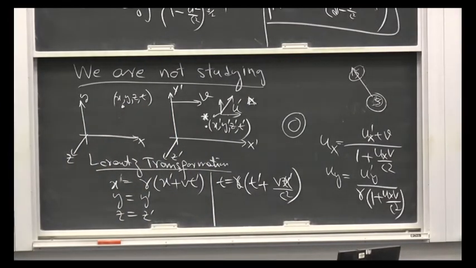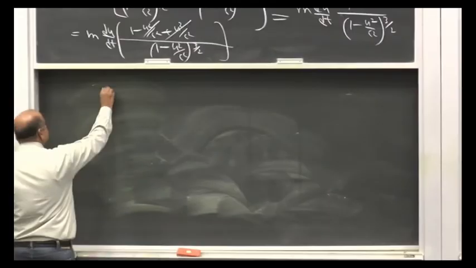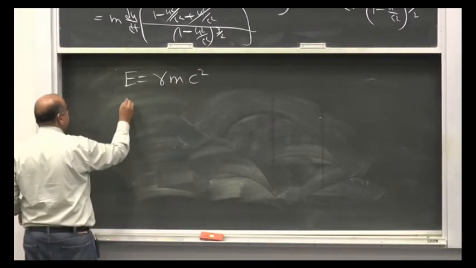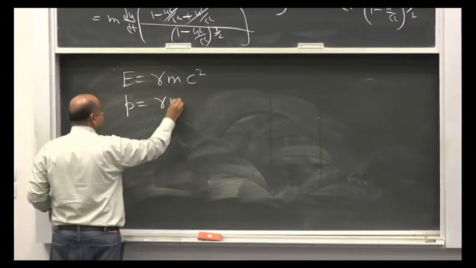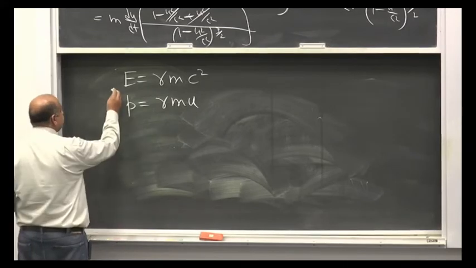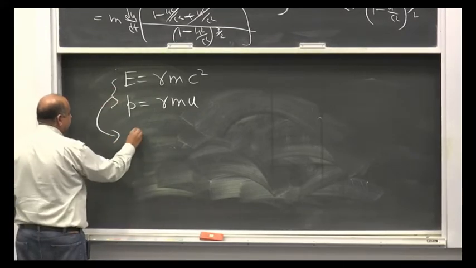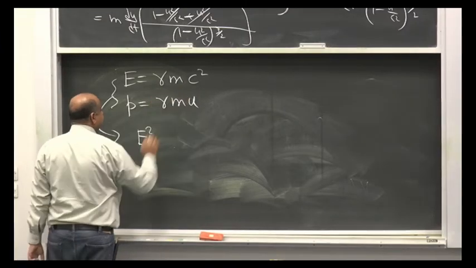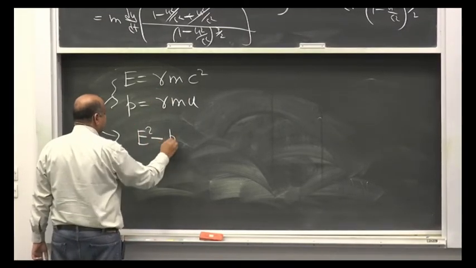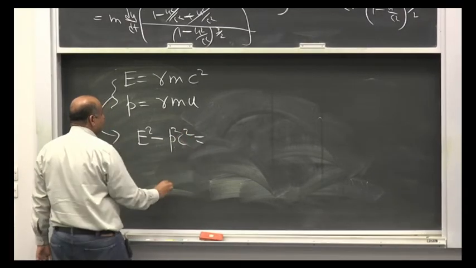Okay, so let me get another quick relation that we'll actually use a lot in this course, which is what's the relation between energy and momentum. We saw that energy is gamma m c square and momentum was defined as gamma m u. If I square it and then I subtract p square c square, what do we get?